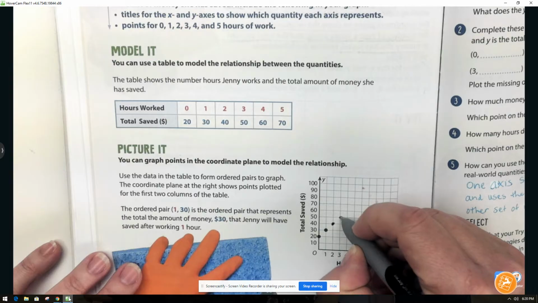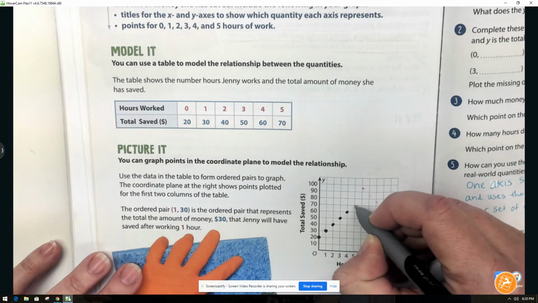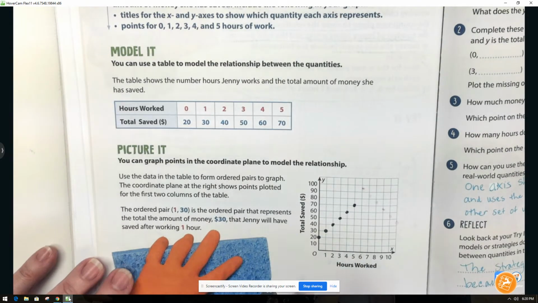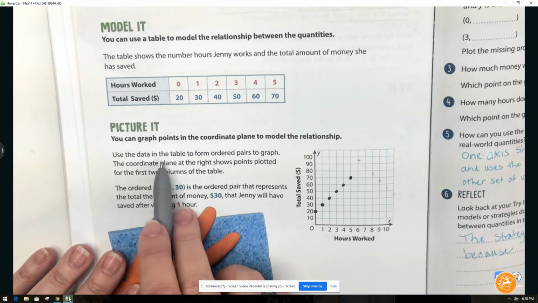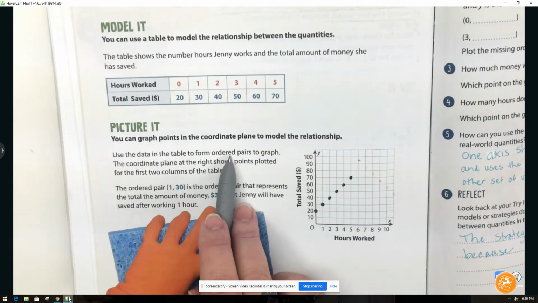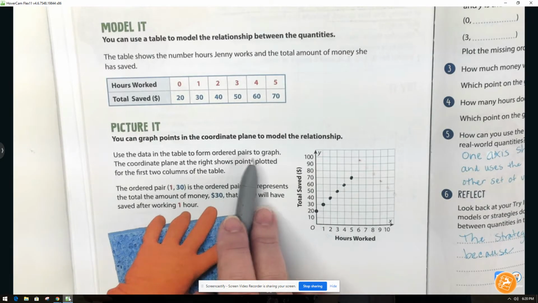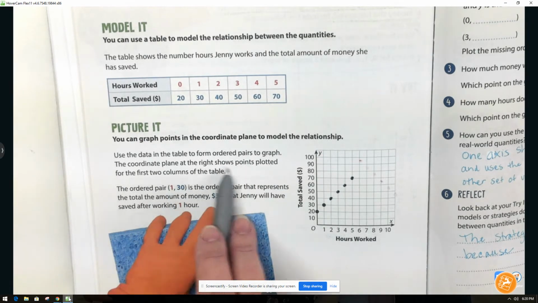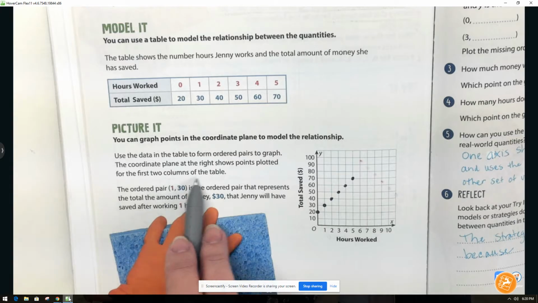We also already did this on the last page, so I'm going to go ahead and just graph this on here as well. And it says, using the data from the table to form ordered pairs, the coordinate plane at the right shows points plotted for the first 2 points.